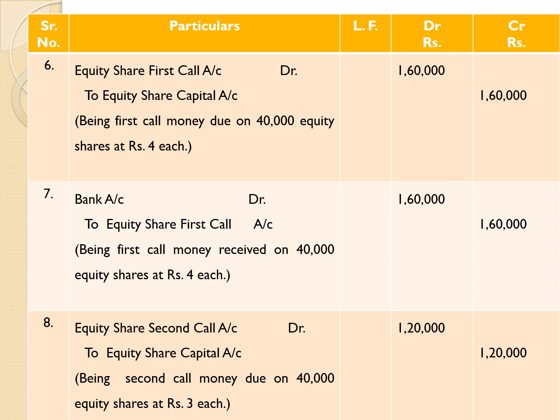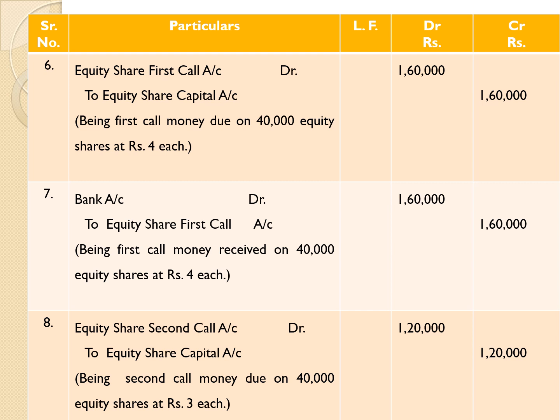Here we have completed three stages of calling money. First stage is named as application, second stage is named as allotment, third stage is named as first call. You should note that every stage requires minimum 2 entries. Therefore, 3 stages into 2 is equal to 6.